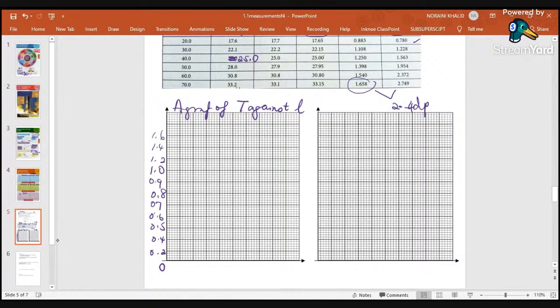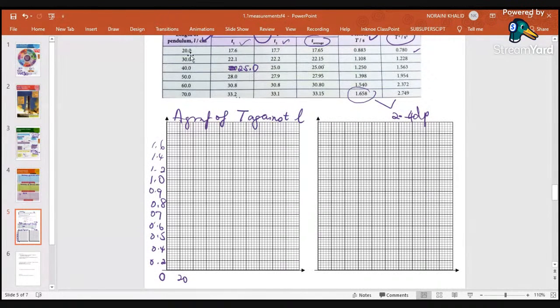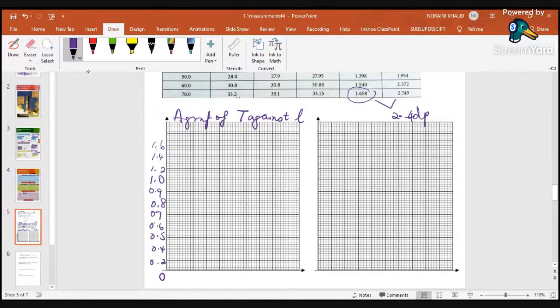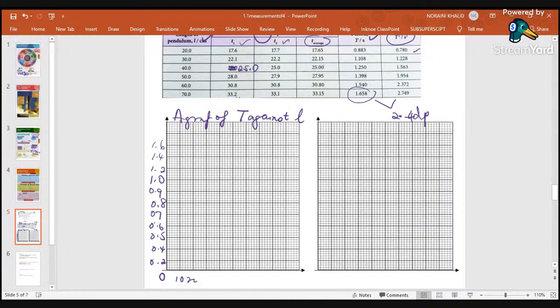And then for the x-axis, the starting value is 20, but the biggest one is 70. I want to start from 0 also for the x-axis, with steps of 10.